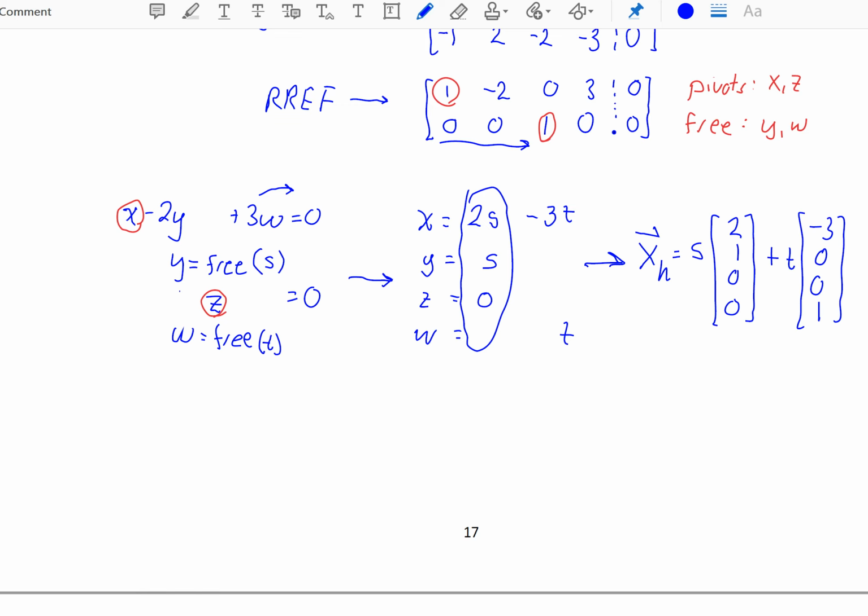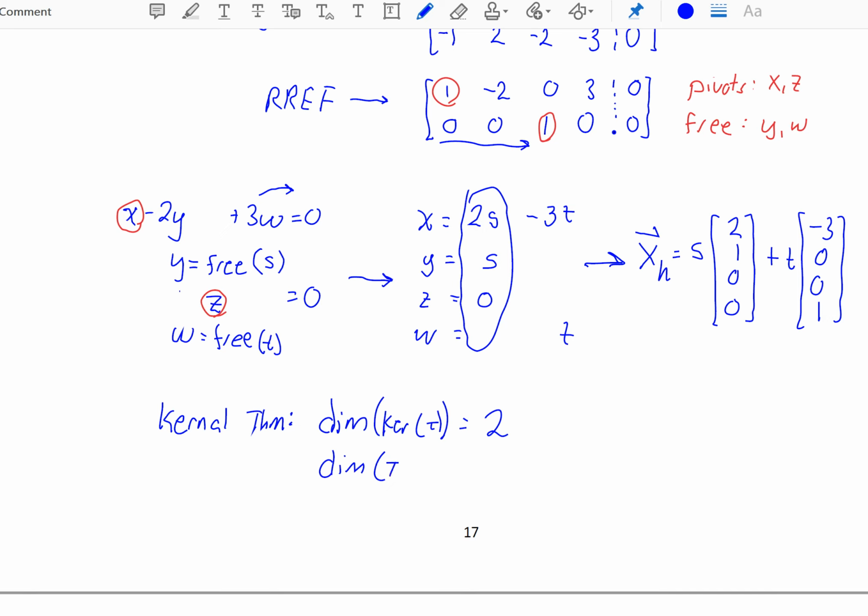And I'd like to finish this off with a final note about the kernel theorem now. Remember, the kernel theorem says the dimension of the kernel of T, because the kernel of T is spanned by these two linearly independent vectors, its dimension is 2.